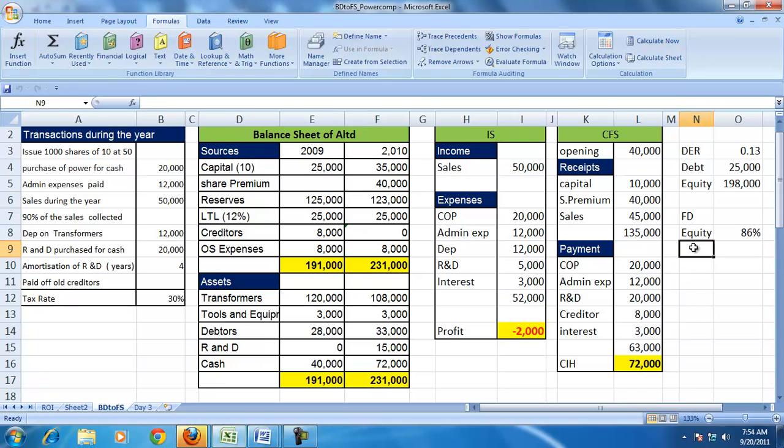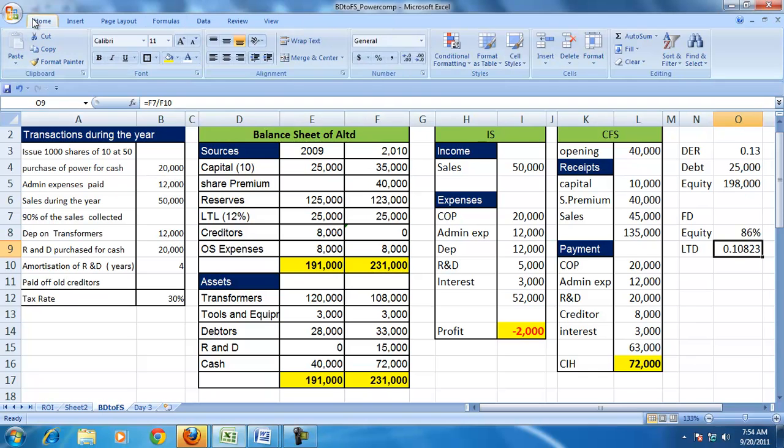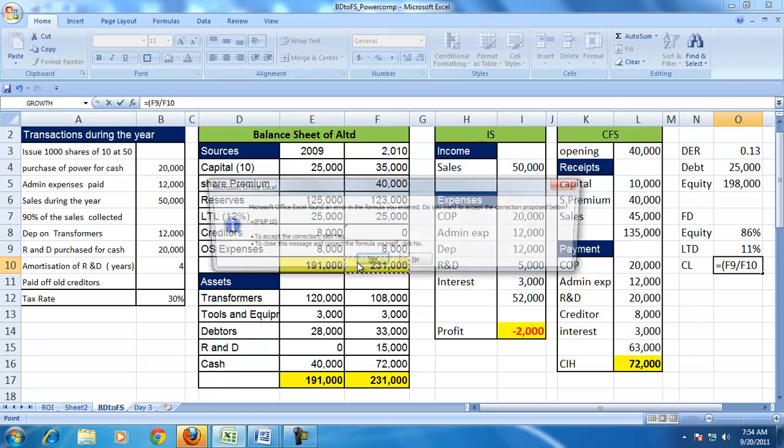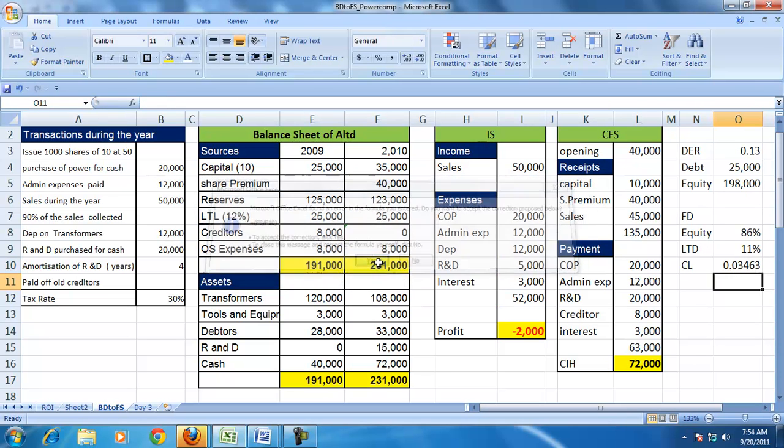So long-term debt is financing a very small percentage of the business. The long-term funds finance 11%, and the balance is current liability. The current liabilities are outstanding expenses here, financing the balancing percent, around 3%.